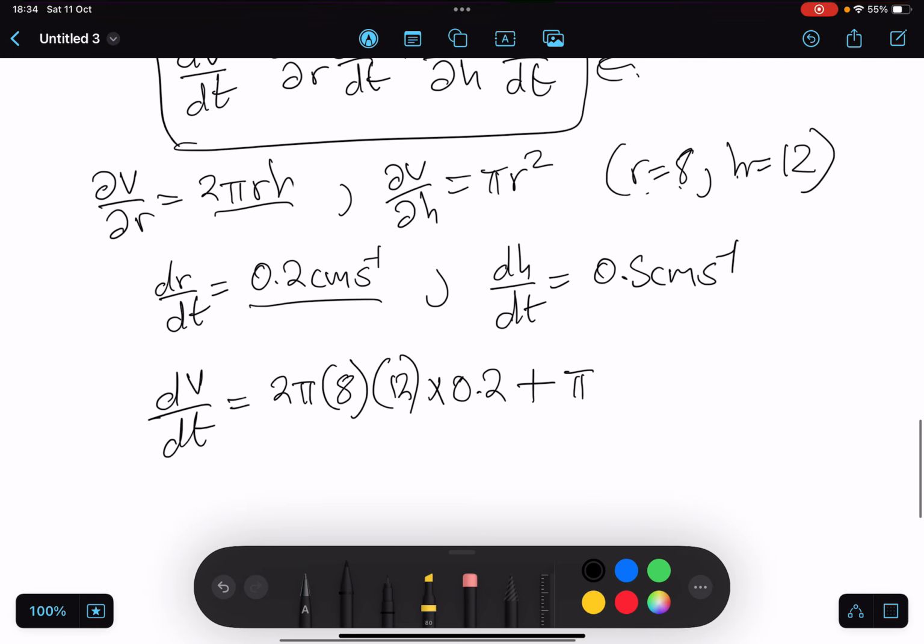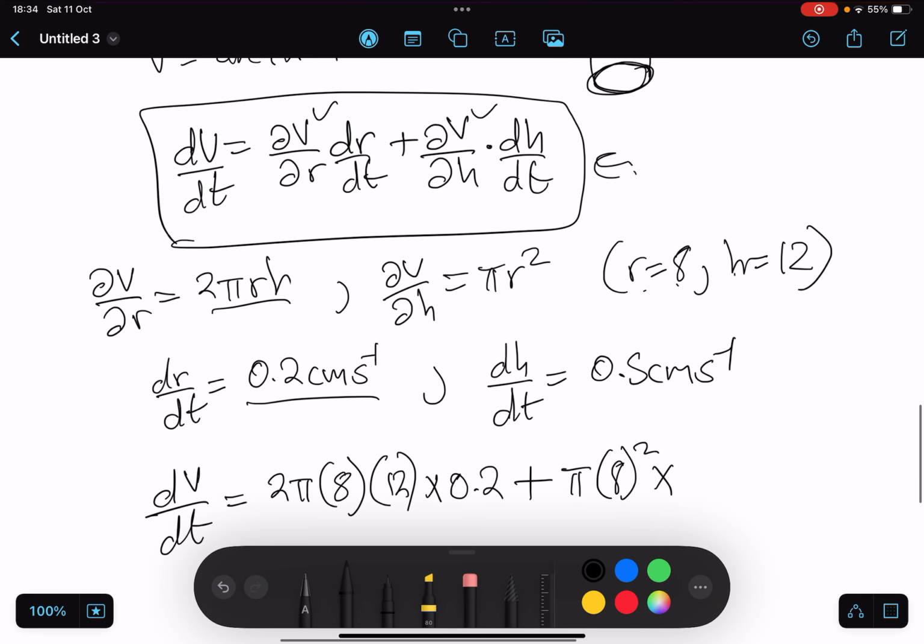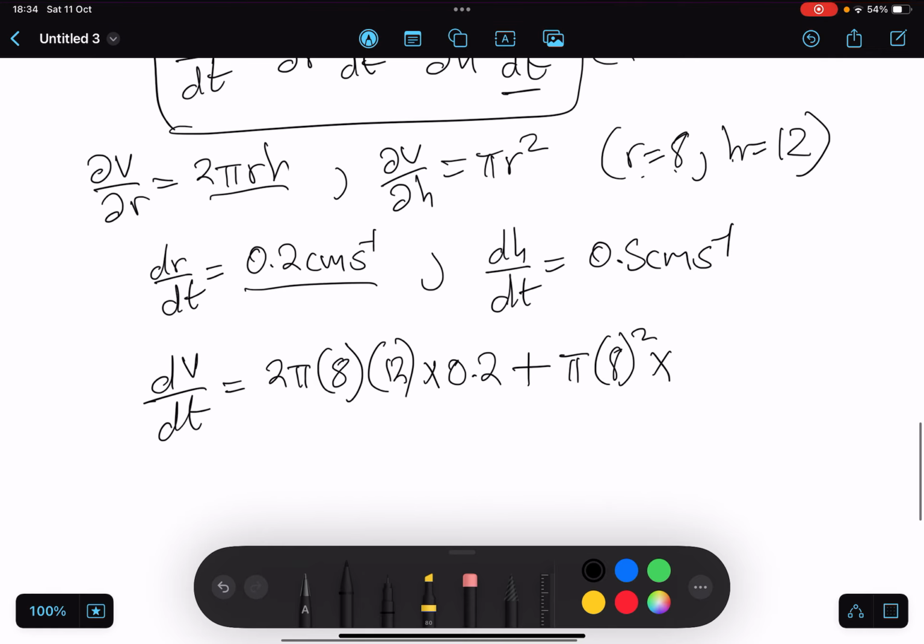It's pi R squared. We know that R is 8 squared times dH dt. dH dt is 0.5. So this is the rate of change of the volume. So now you just punch this in the calculator, you get your value for the rate of change.